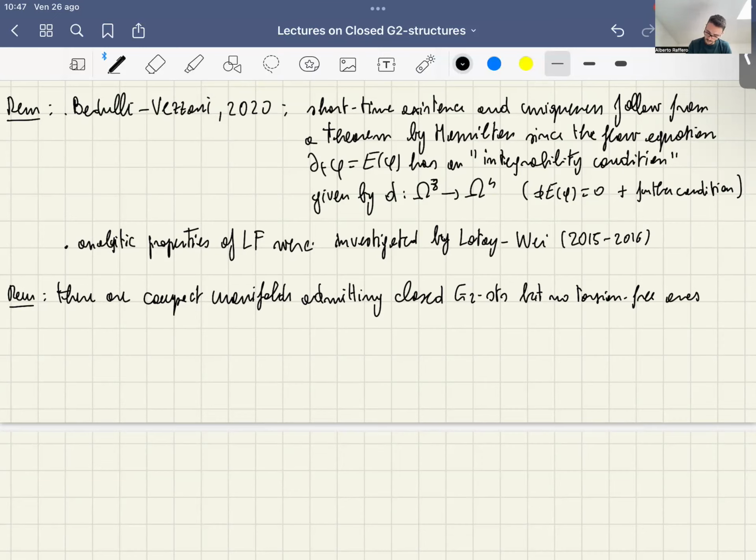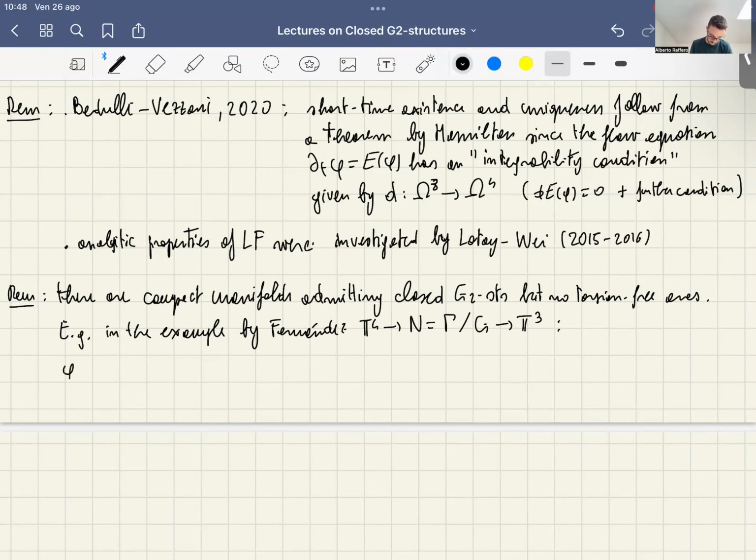And so in particular, if you consider the example by Fernandez, recall it was a 7-dimensional manifold that we described yesterday, and that can be interpreted as a T4 bundle over T3, as it is a 2-step nilmanifold.